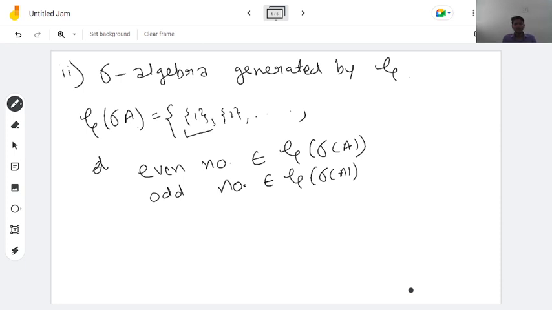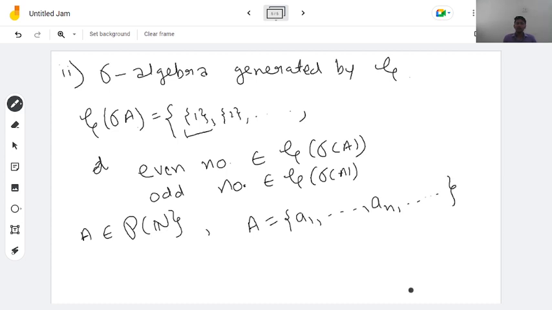Okay, so again notice a thing: let A be any set that belongs to the power set of N. How will A look? A will look like some elements a1, a2 to an and so on. It will be either finite or infinite. Whatever this set is, it can be written as a union of some sequence.